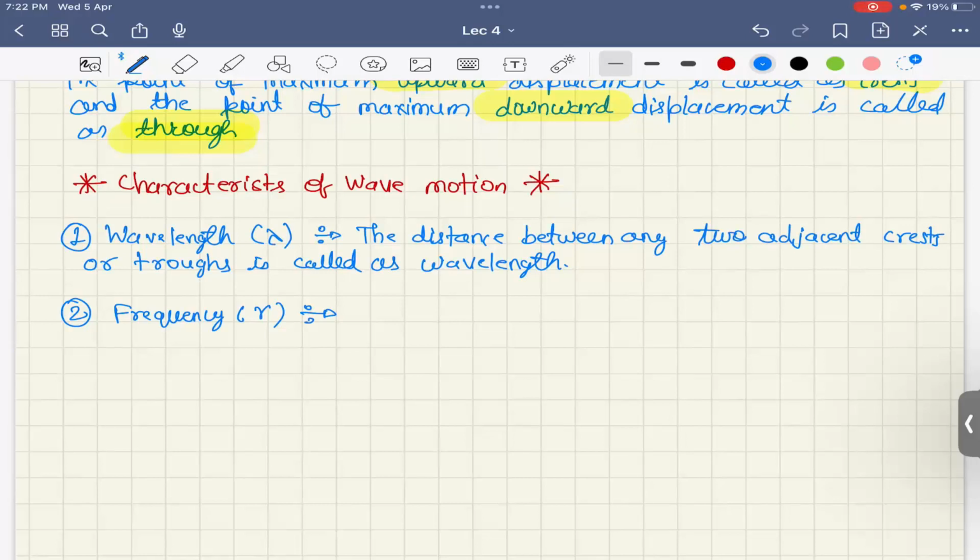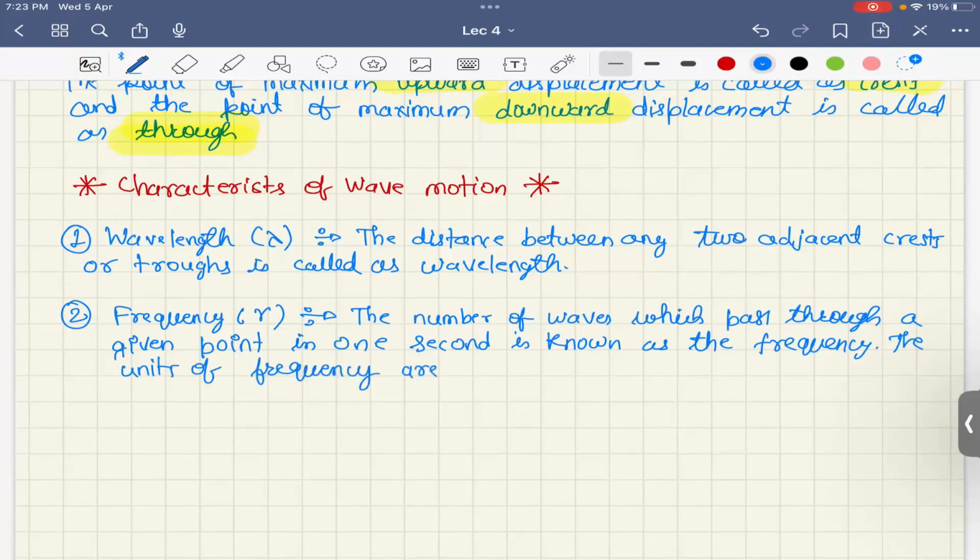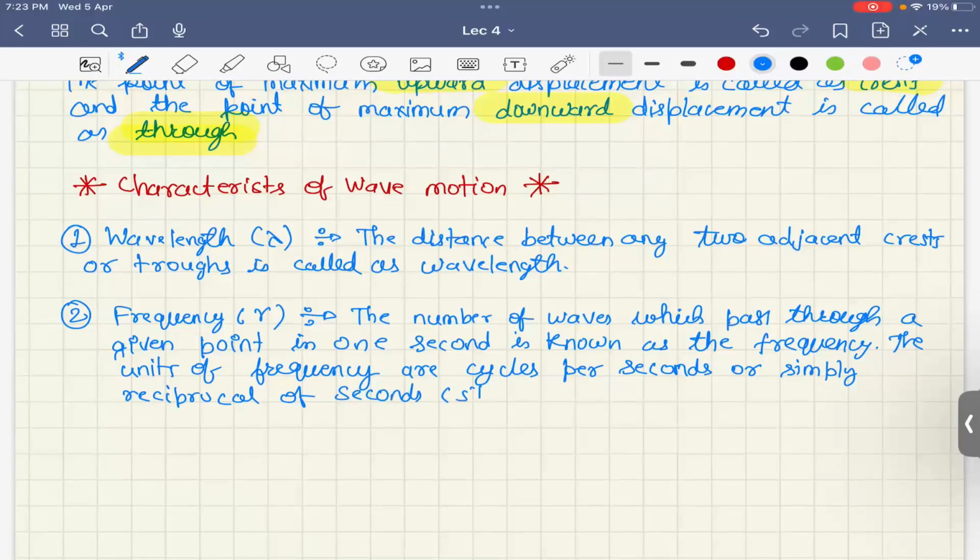It is denoted by the Greek letter nu, and the units of frequency are cycles per second, or simply reciprocal of second, second inverse. So 1 hertz is equal to 1 cycle per second.